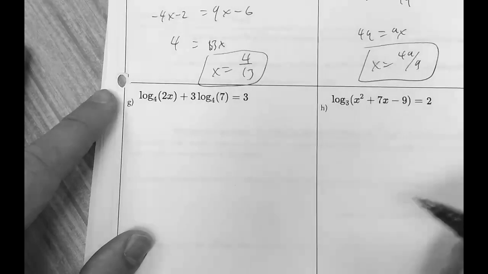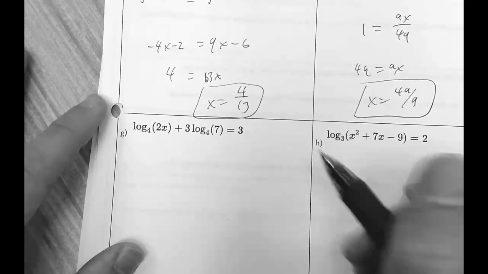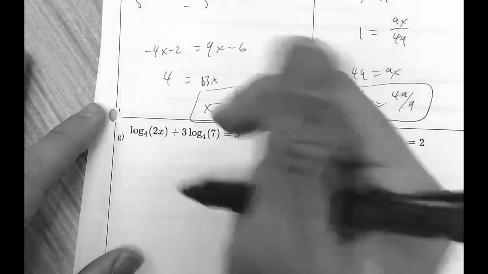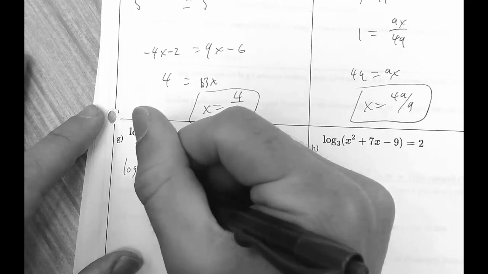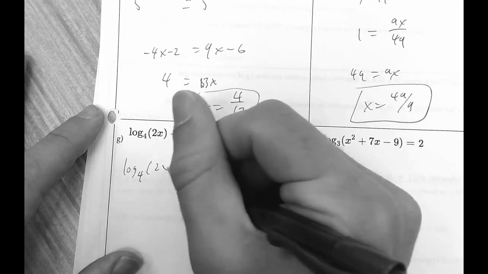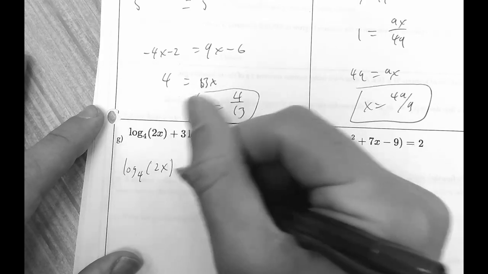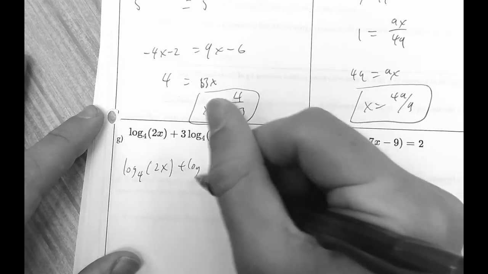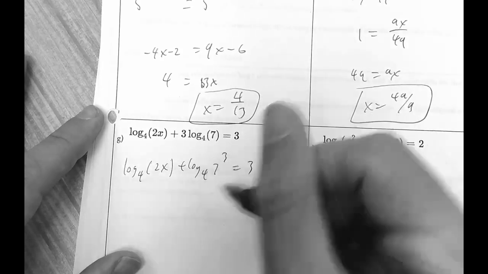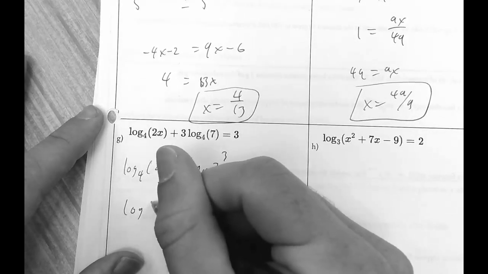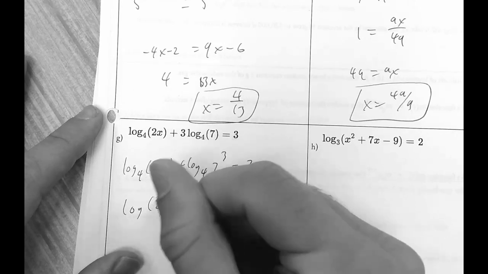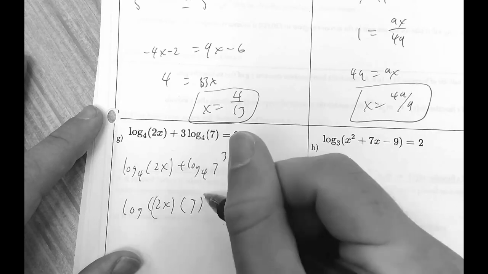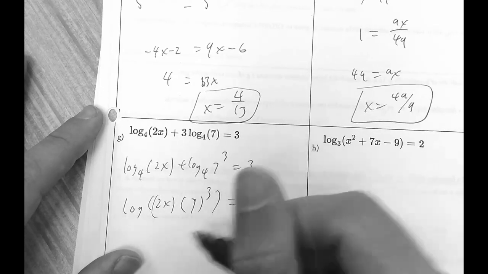All right, next one, same idea. Going to combine them. So we're going to have log base 4 2x plus log base 4 7 to the third equals 3. Then log base 4 of 2x times 7 to the third equals 3.